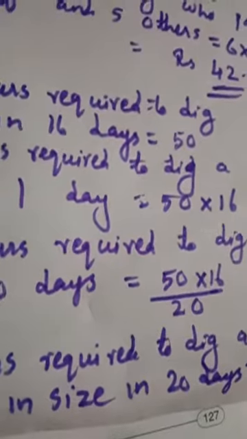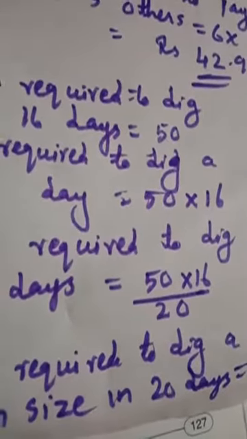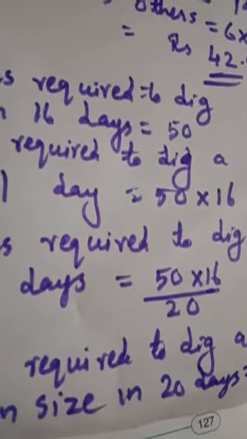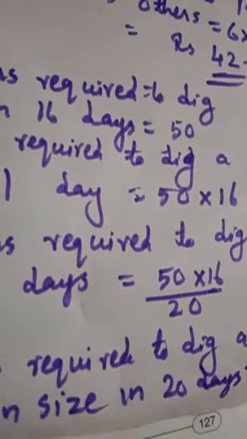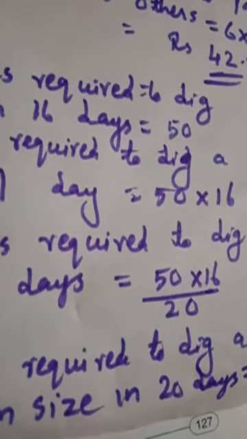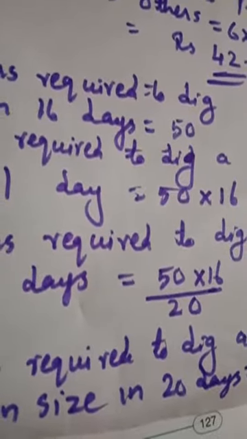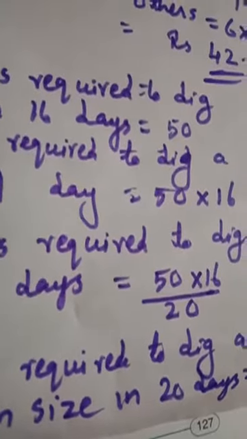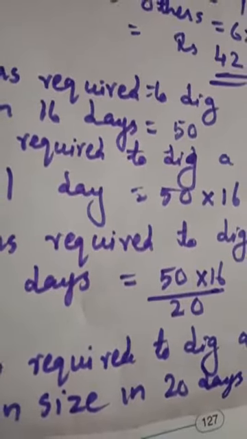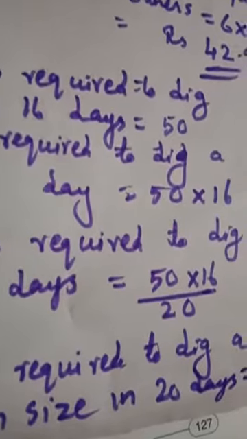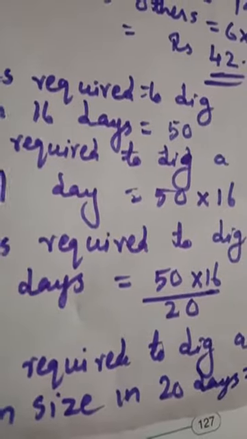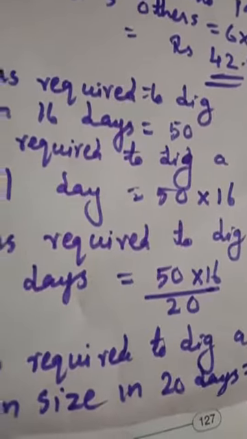We multiply here because in inverse variation we find one quantity by multiplication, but in direct variation we find one quantity by division. Here in inverse variation we find it by multiplication, 50 into 16.